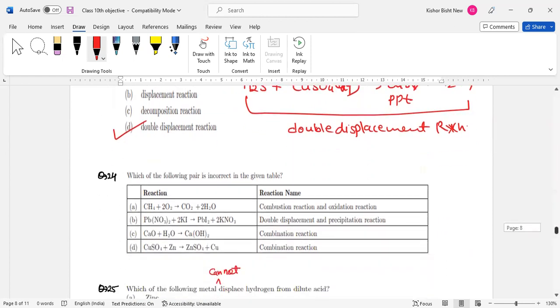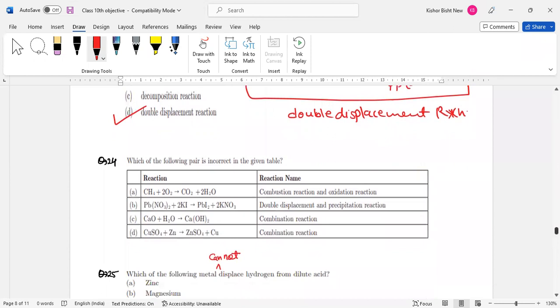Now come to the next one. Question number 24: CH4 plus O2, burning in oxygen, gives CO2 plus H2O. This is an exothermic reaction. This is a combustion reaction, exothermic also.